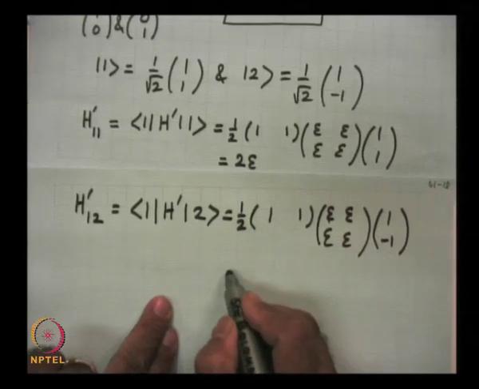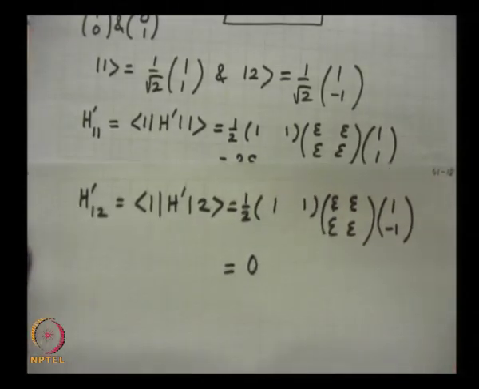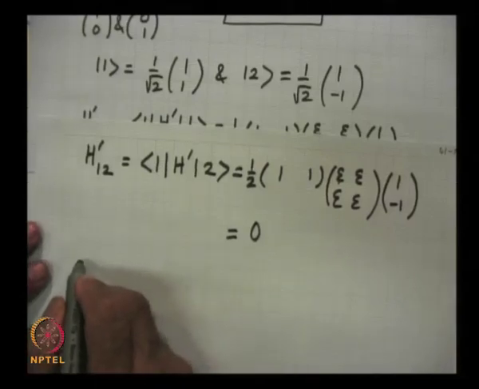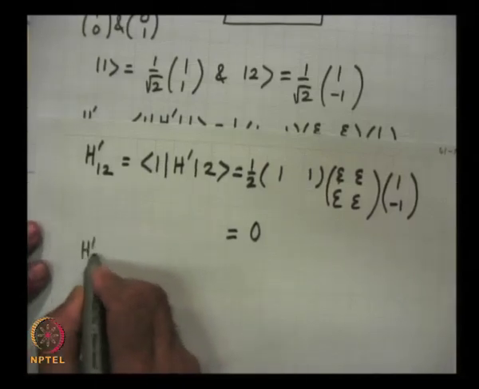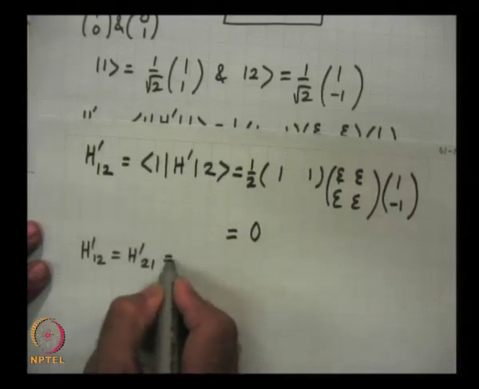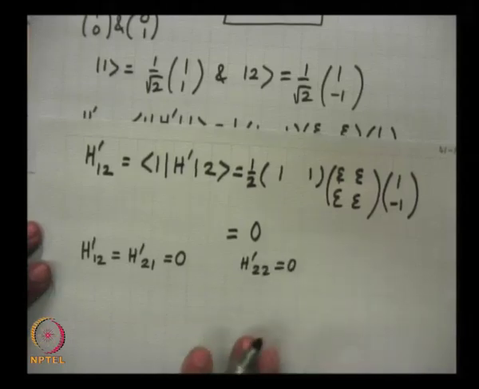So, this becomes 0. In fact, all other matrix elements are 0. So, H prime 1 2 is equal to H prime 2 1 is equal to 0, and H prime 2 2 also happens to be 0.